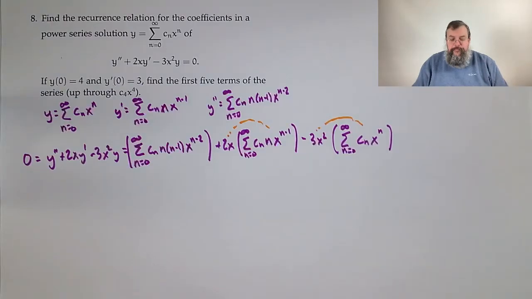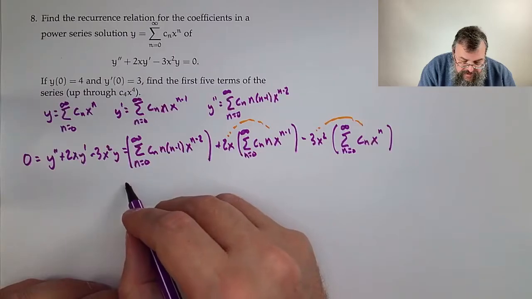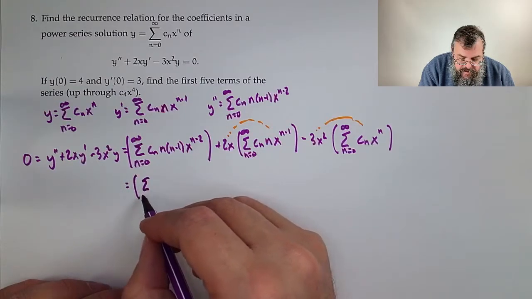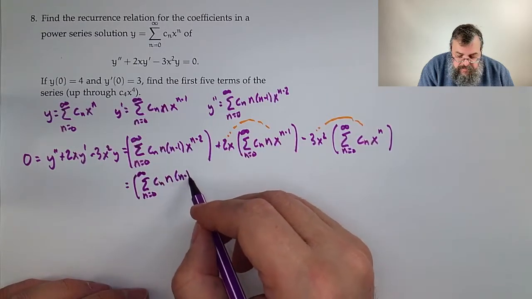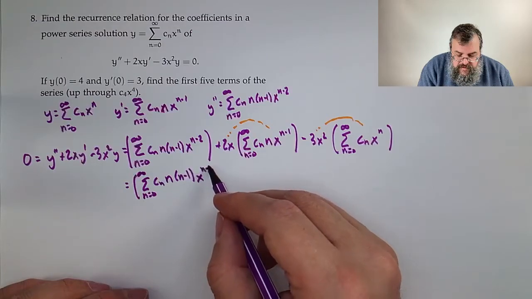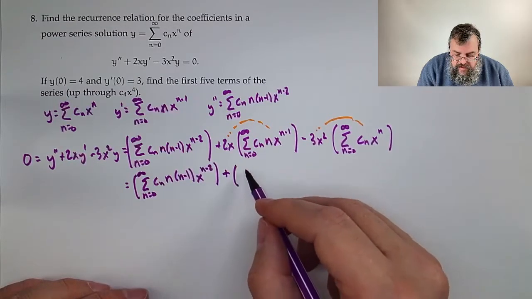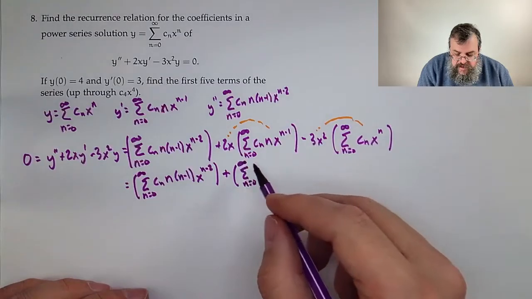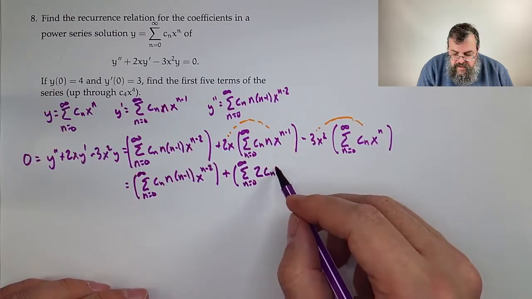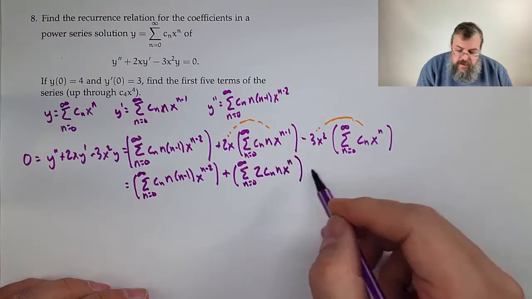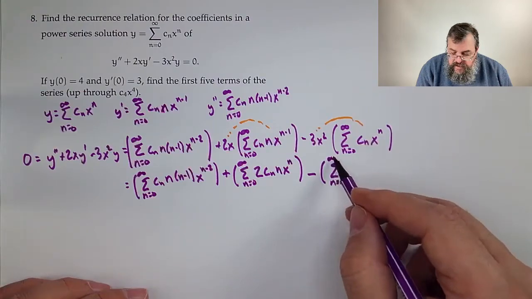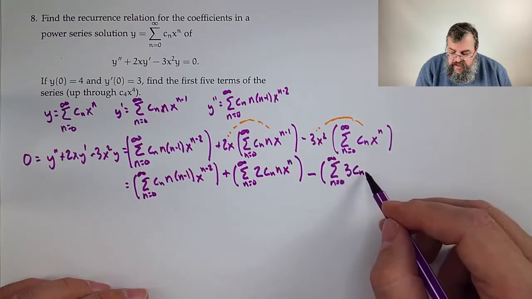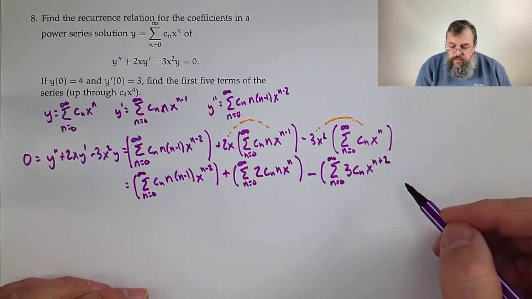If we do that, this becomes sum 0 to infinity of cn n minus 1 x to the n minus 2, nothing to move in there, plus sum n equals 0 to infinity of 2 cn n x to the n, and then minus sum n equals 0 to infinity of 3 cn x to the n plus 2.